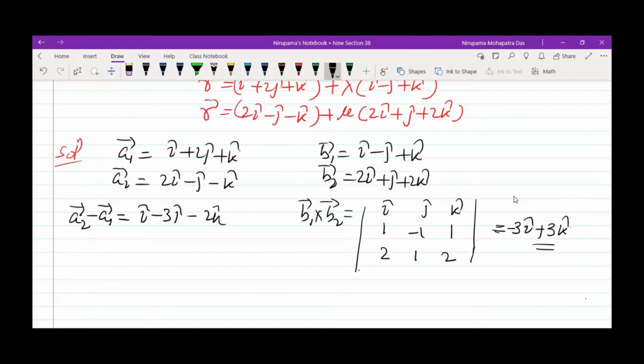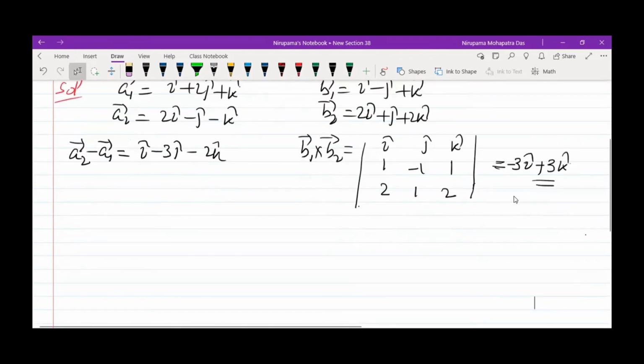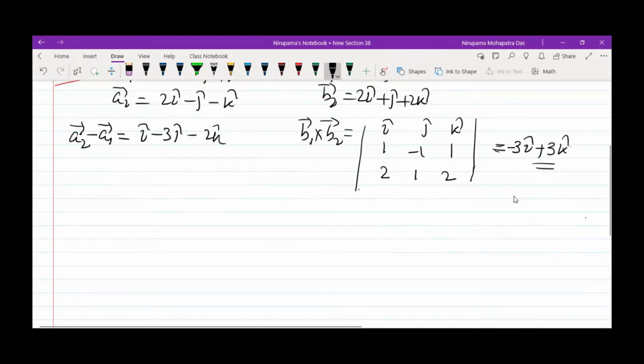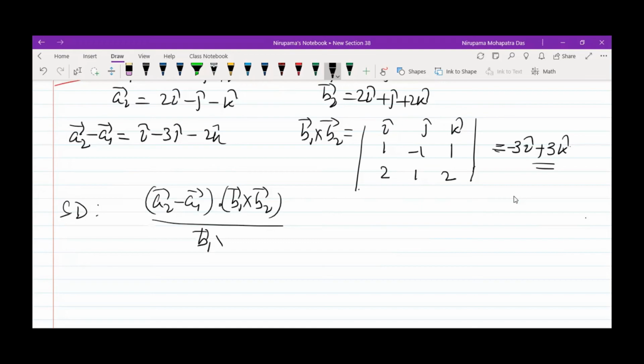So the last step, the third step, is to find the shortest distance. The shortest distance is (a2 minus a1) dot (b1 cross b2) divided by the magnitude of b1 cross b2.